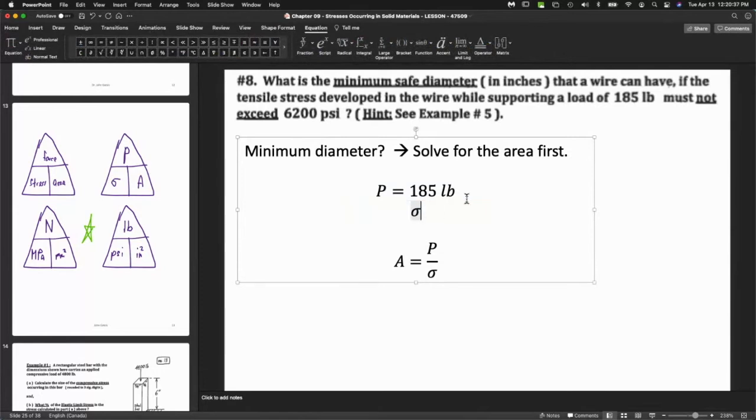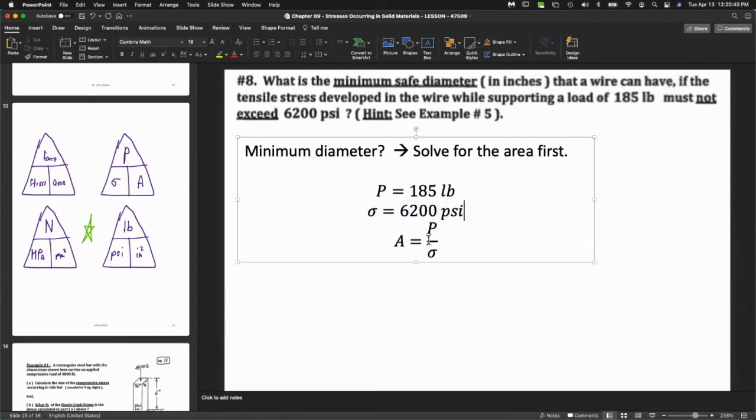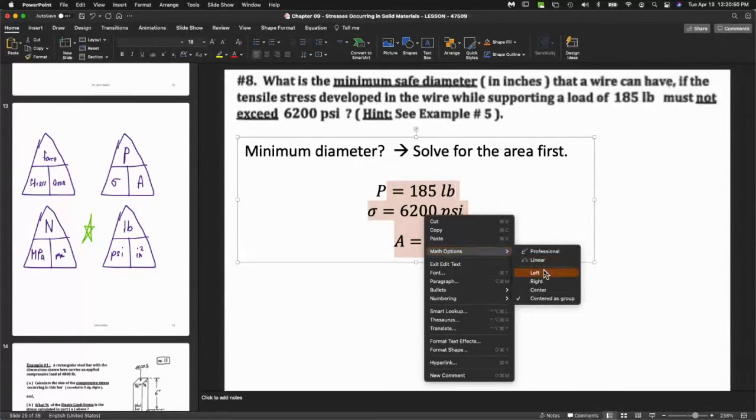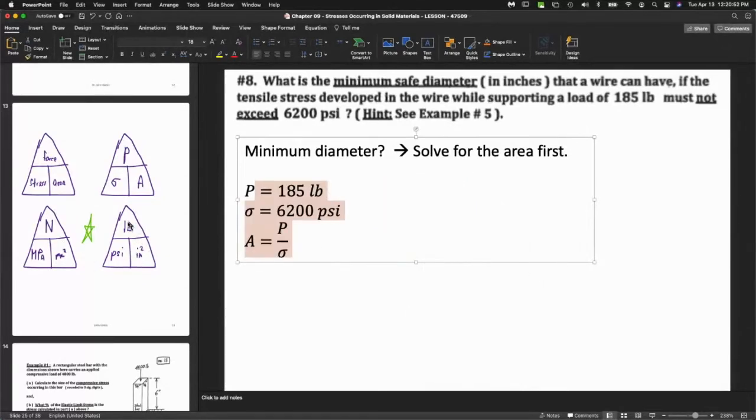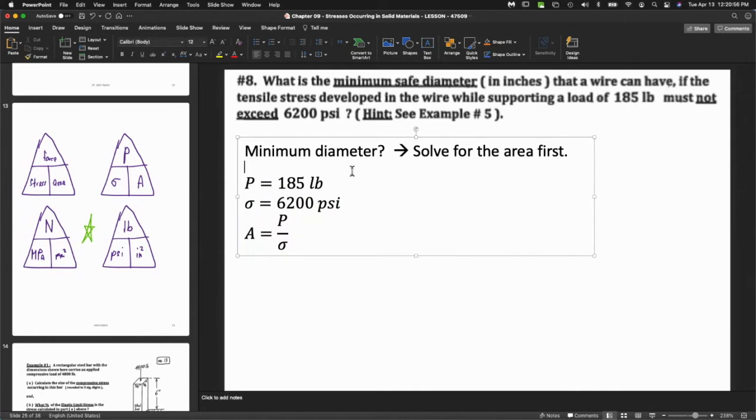And the stress is also given, which is kind of nice. It's very friendly there, 6,200 psi. These units are the most orthodox units for imperial system calculations. You see on the side here we have psi, pounds per square inch. So this is exactly where you want to be in terms of calculations. It looks like we can just get the area now.